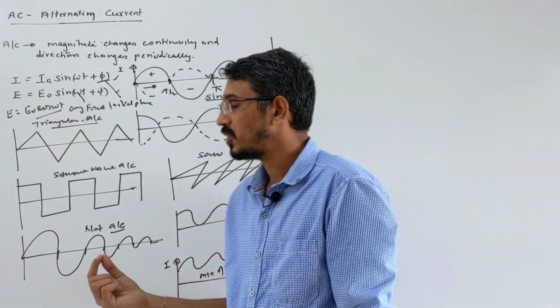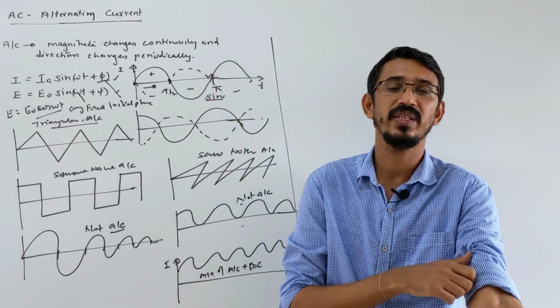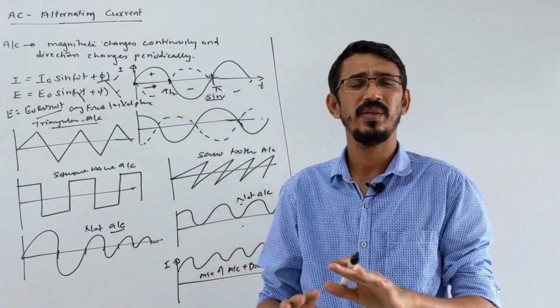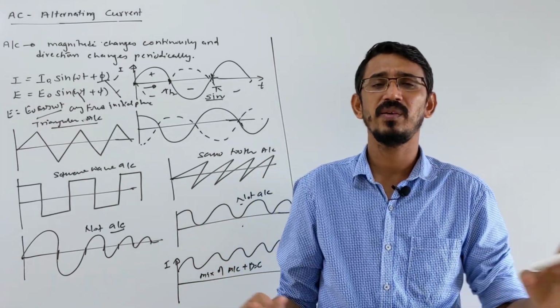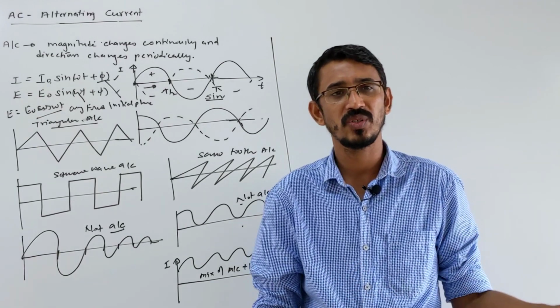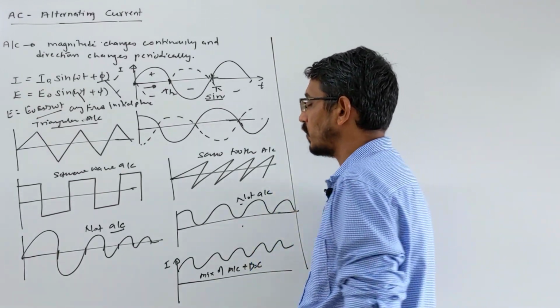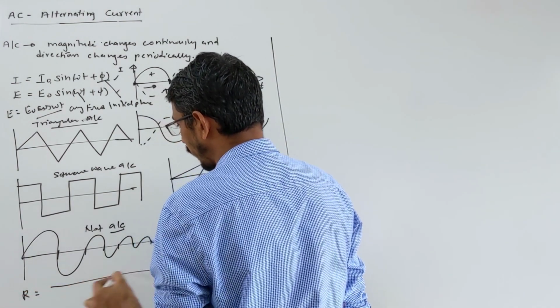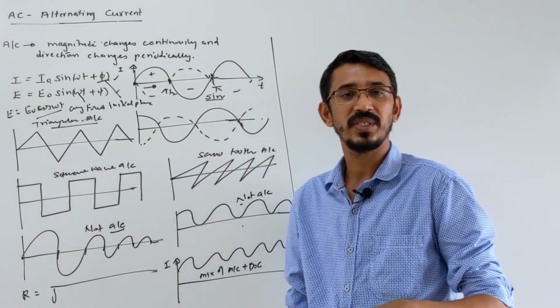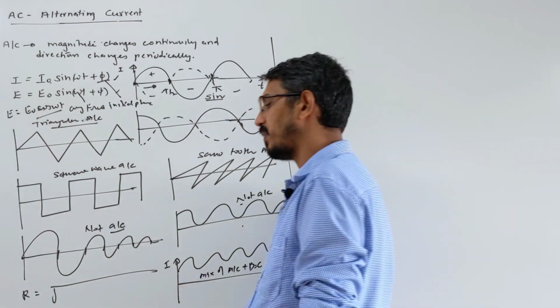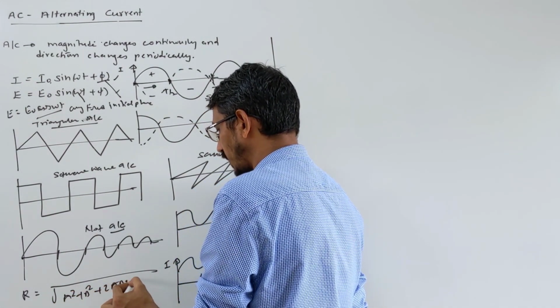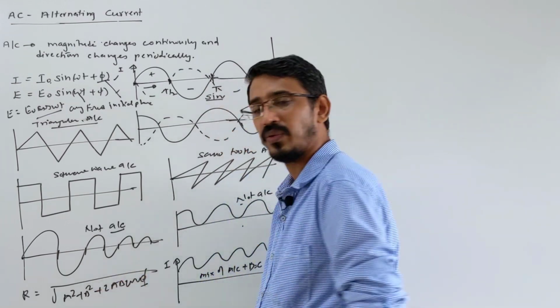Apart from this, a small question they ask here is about phase difference and resultant amplitude. I will not teach those things because we have done exactly the same things to a great extent in SHM and waves topics of 11th class. They can ask you about addition of waves. If two waves are given and they ask for the resultant amplitude, you just have to add by the vector rule only: square root of A squared plus B squared plus 2AB cos theta, where theta or phi is your phase difference.